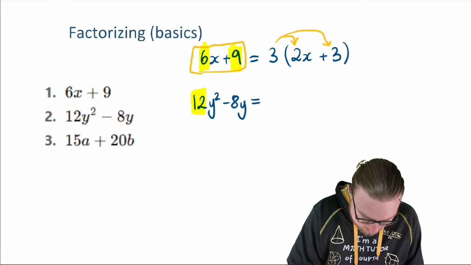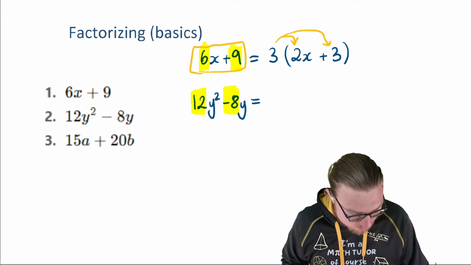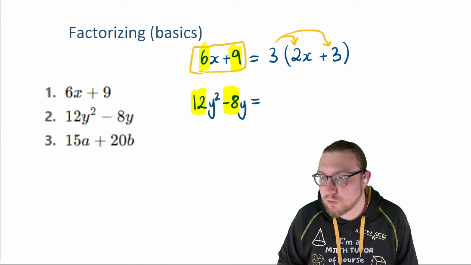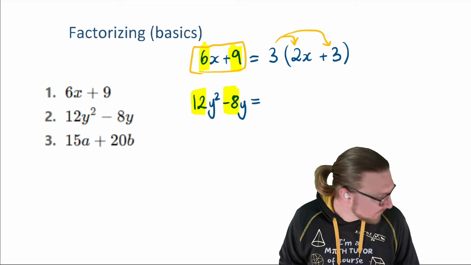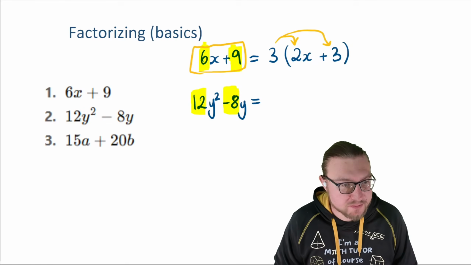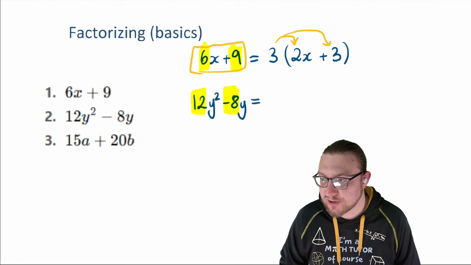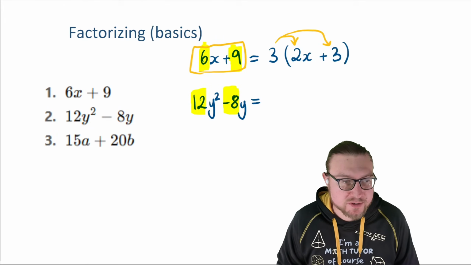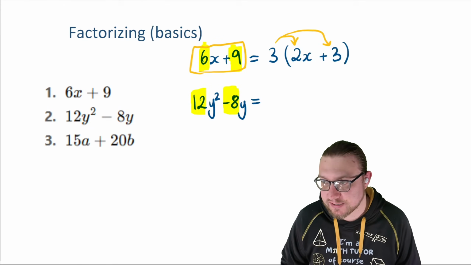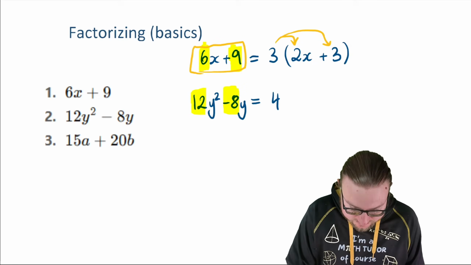So that's 12 and negative 8. And if we have a look in our multiplication table, what can you divide 12 and 8 by? Preferably the highest number. Yeah, both of them can be divided by 2 and by 4. So when we factorize, we want to make sure that we take out the highest common factor. So in this case, this would be 4.